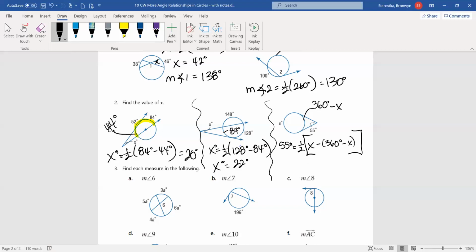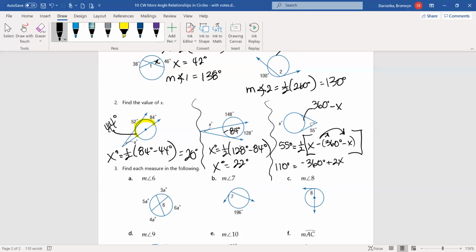All right, I'm going to multiply both sides by 2 to get rid of that 1/2. So I have 110 equals, when I distribute my negative, I'm going to have negative 360, and I'm going to have plus 2x.